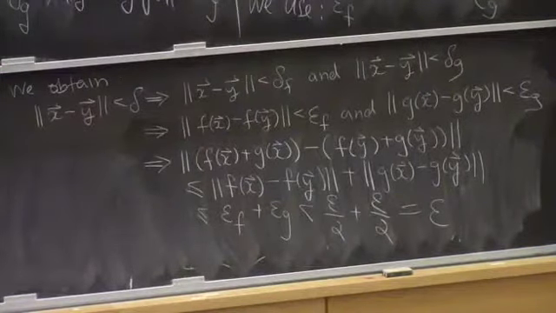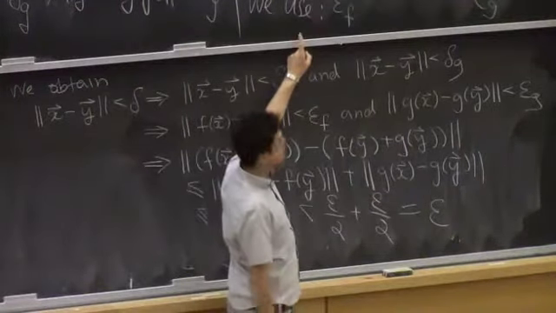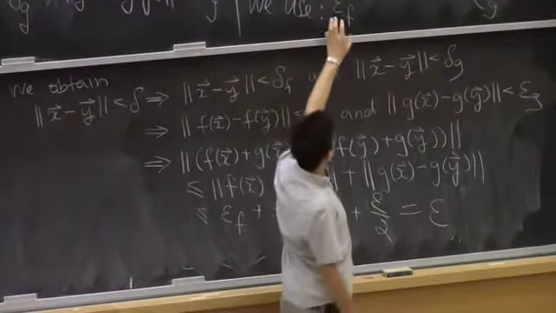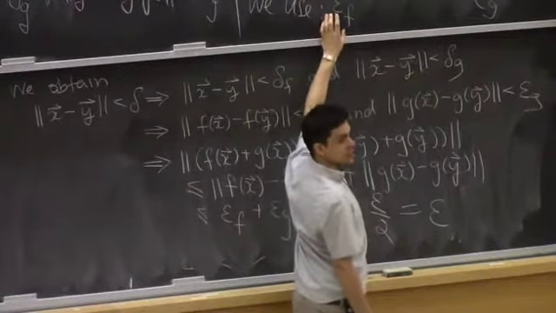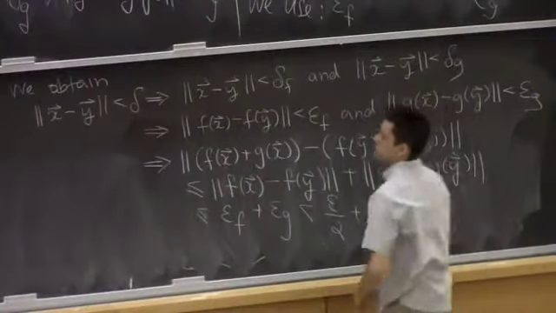What are the steps? So we write down our hypothesis. We write down what that hypothesis is telling us in terms of epsilons and deltas. We write down the thing we want to control, right? We phrase it in terms of epsilon f and epsilon g.